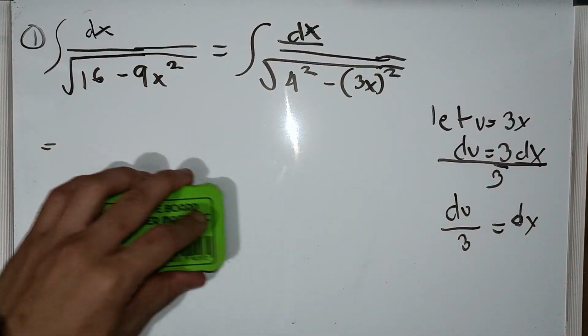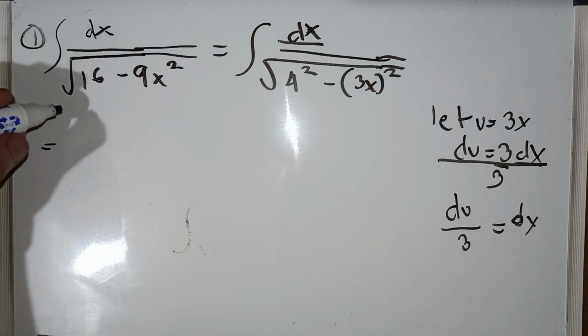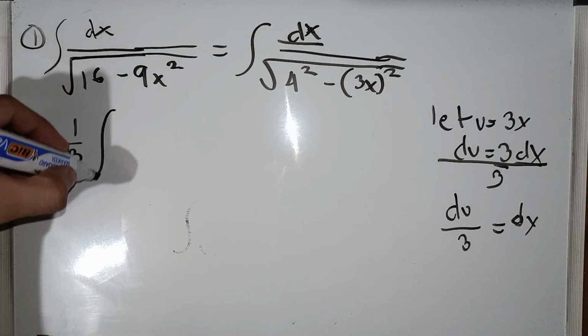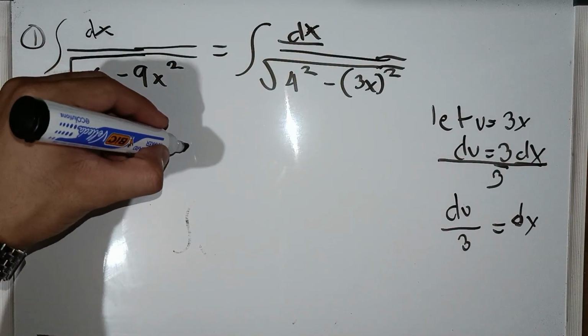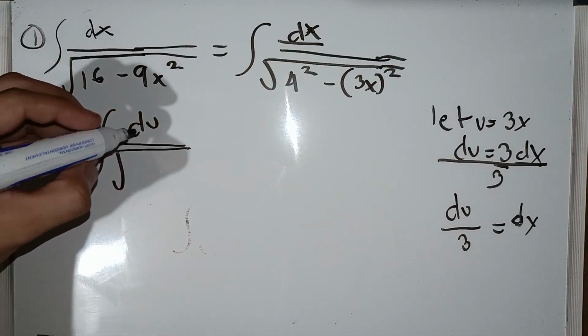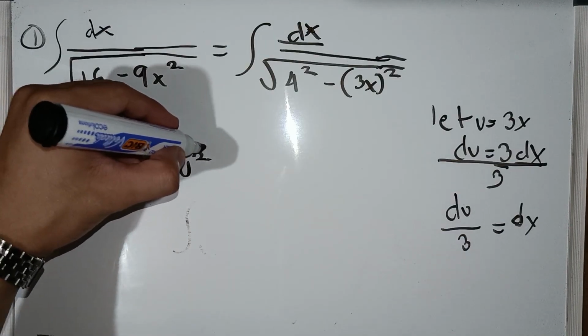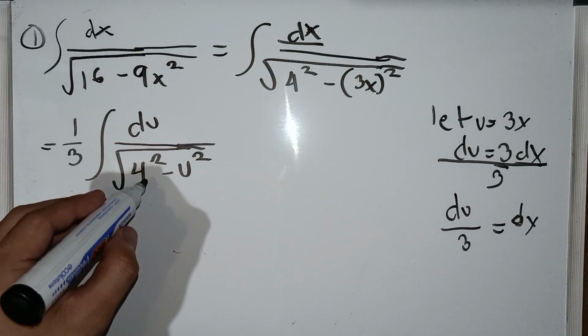So that is now equal to 1 over 3 times the integral of du over the square root of 4 squared minus u squared. Using the formula we have, we can now integrate this.